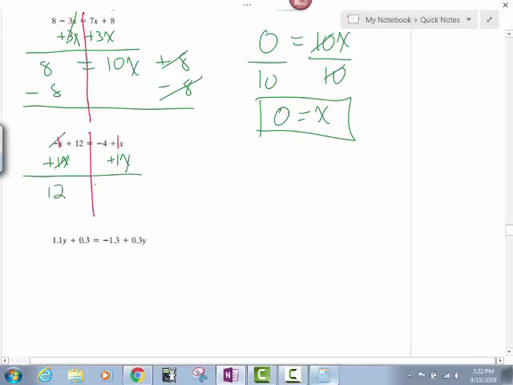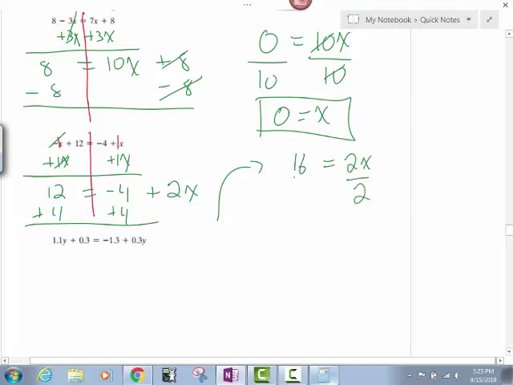That'll leave me with 12 equals a negative 1x plus another 1x, which is a 2x, minus 4. Let's go ahead and add 4 to both sides. So coming over here, we're going to have 12 plus 4 is 16 equals 2x. So at the end, when we divide both sides by 2, we end up with x is equal to 8.